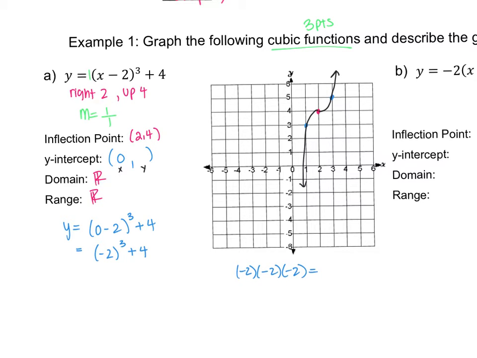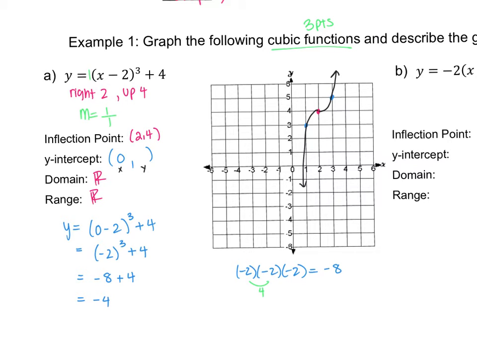Negative 2 times negative 2 is positive 4. And then if I multiply it by another negative 2, 4 times negative 2 is negative 8. So negative 2 to the third power is negative 8, plus 4 gives me negative 4.